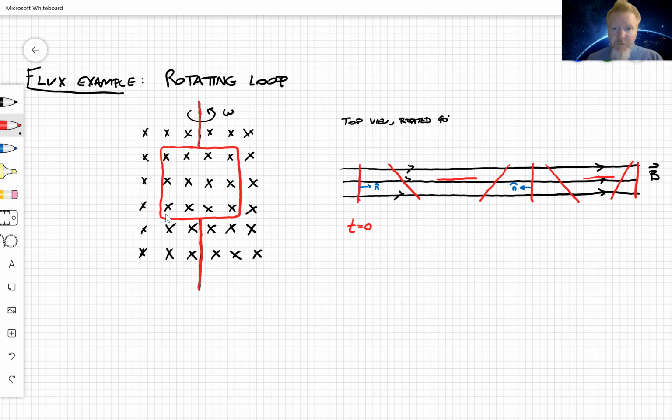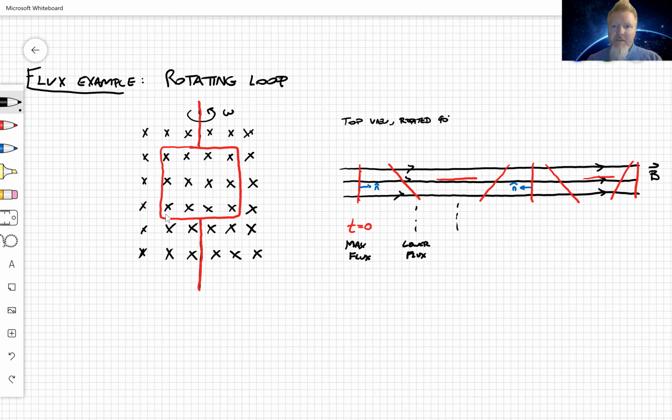The flux at t equals 0 is a maximum. Maximum flux. Now the flux is less. Lower flux. And that's this one.